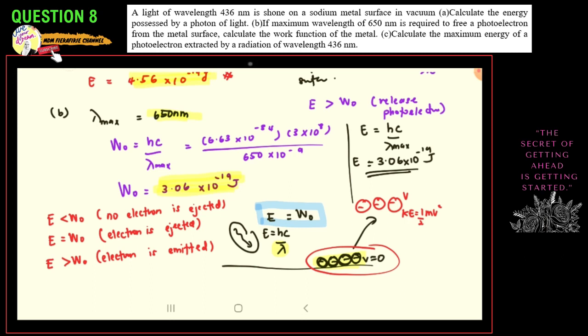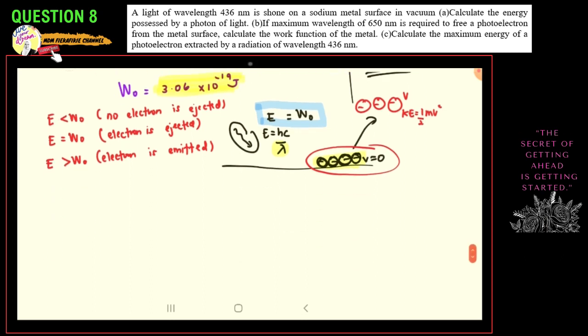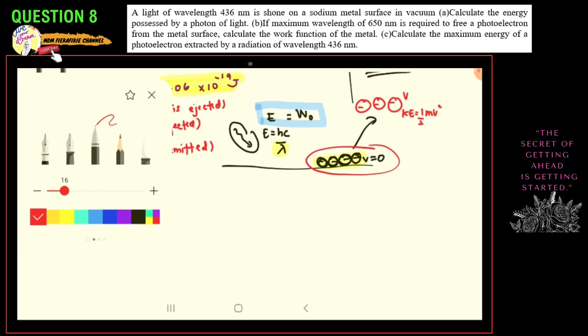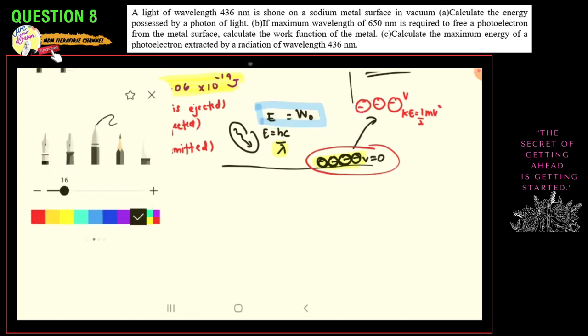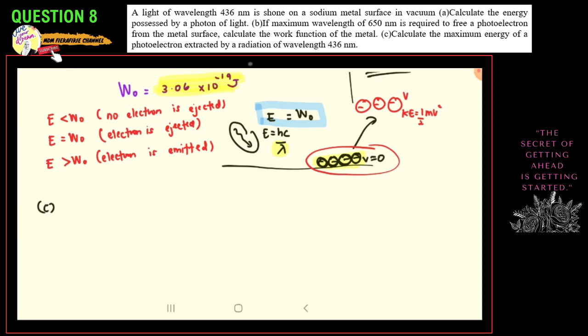Okay, so C. Now we want to calculate the maximum kinetic energy of photoelectrons extracted by radiation of wavelength 436 nanometer tadi. So let's write the general equation.